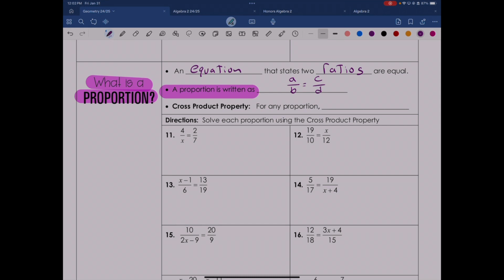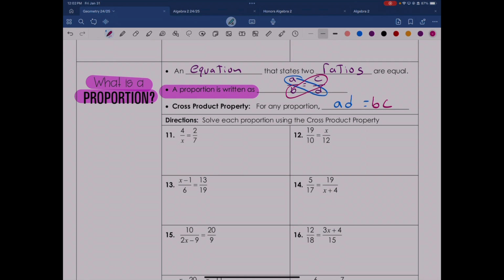The cross product property says essentially that we take the means times the extremes. We take A times D, whatever that is, and that's going to equal B times C. It's kind of that butterfly effect. A times D is going to equal B times C.